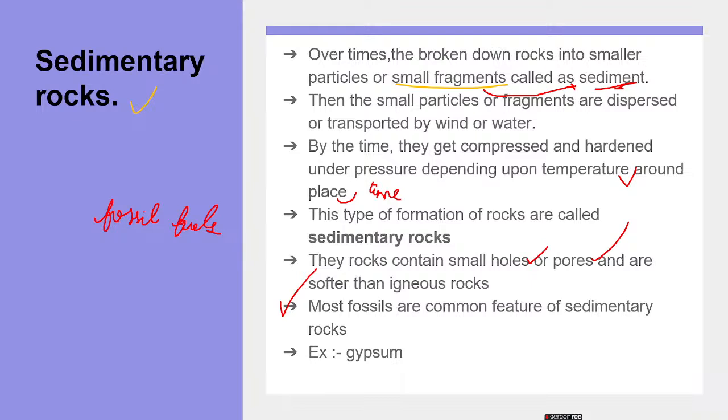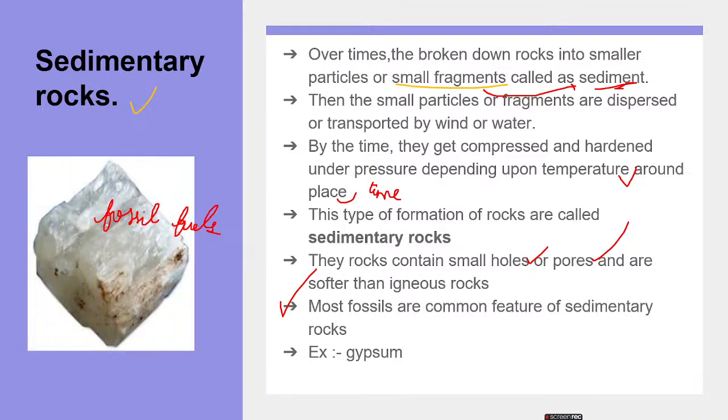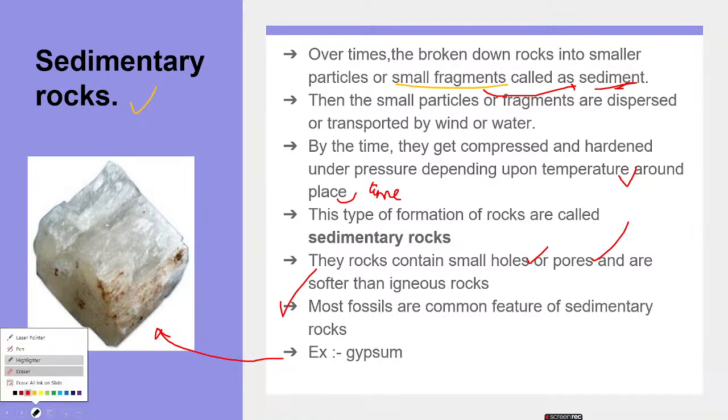An example of a rock is gypsum. I hope you can understand what gypsum is by seeing this image. An extra point is that gypsum is very helpful in chemical processes. This is the most important chemical you need to remember, okay.